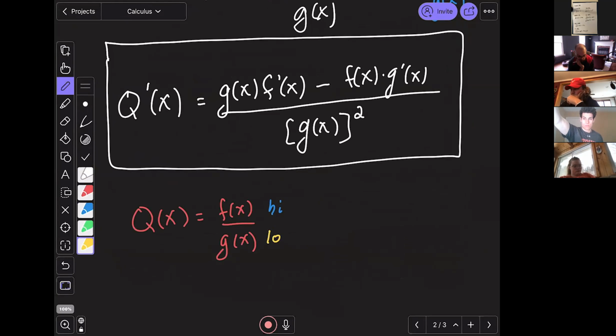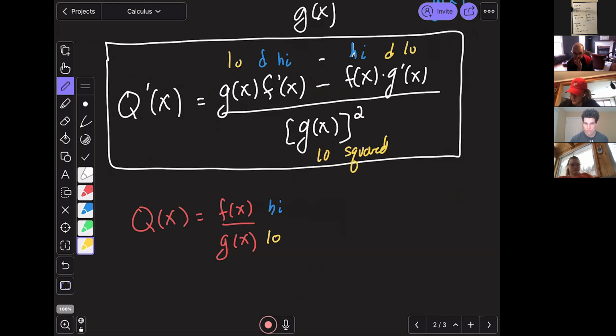So if you use these words, low and high, you get this funny sounding thing where you would say it's low d high. So low, the denominator, times the derivative of the top, minus, and if we keep going, this is high, and then we have d low, and then this is over low squared.